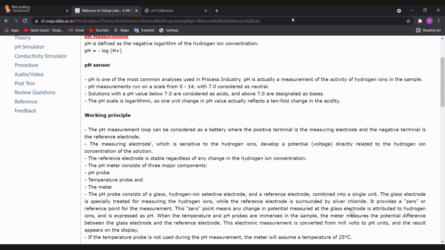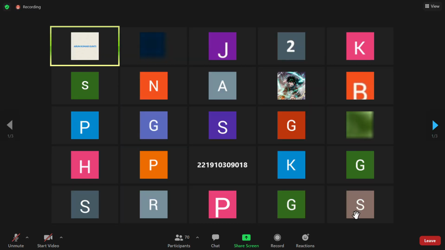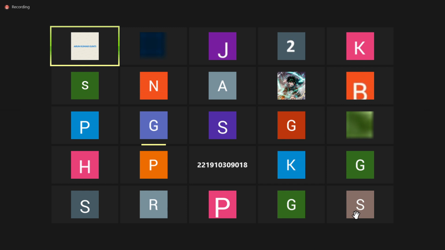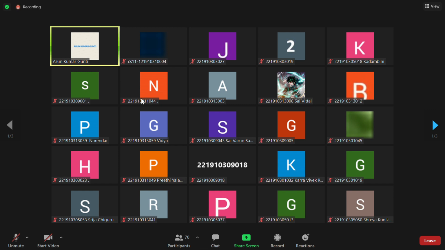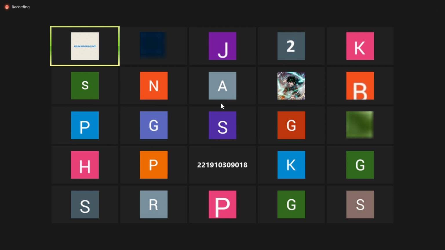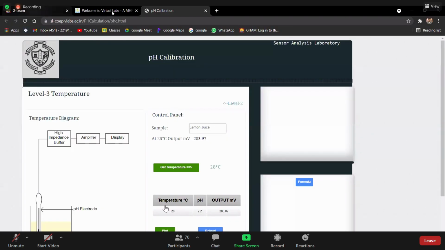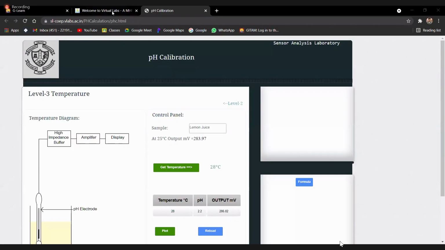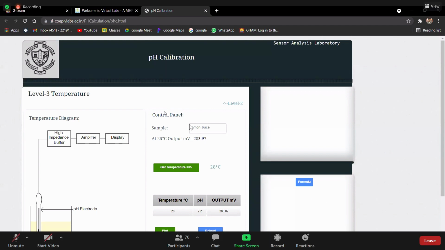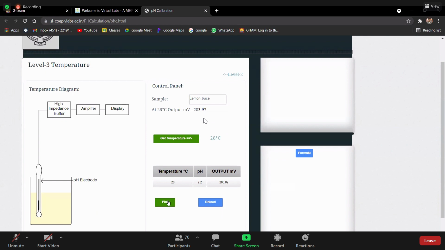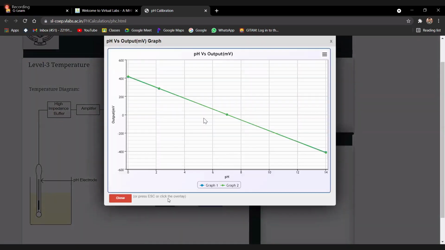Students, if you want to share any section, if you want to share your screen, you can share voluntarily. I will record your responses. Any section student, if you want to share your screen, you can share. CS327. Yes, sir. I've shown you the graph sheet. Plot. Yes, sir.